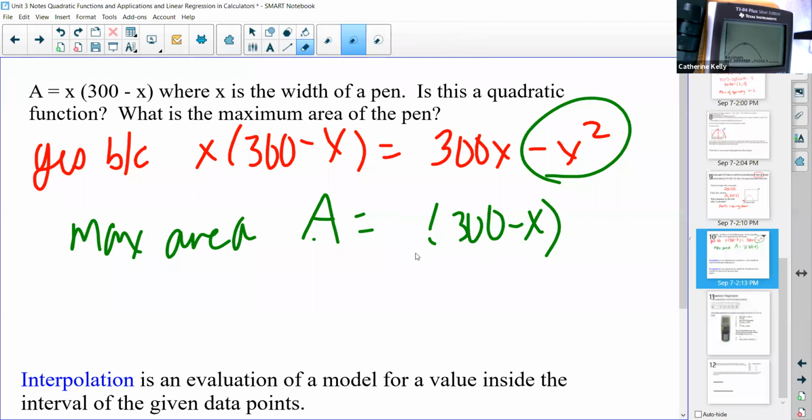Put the x in there. So let's find out what that would be. We know that it's a minus x squared, so that we know that it opens concave down. So the maximum will be up here at the vertex.